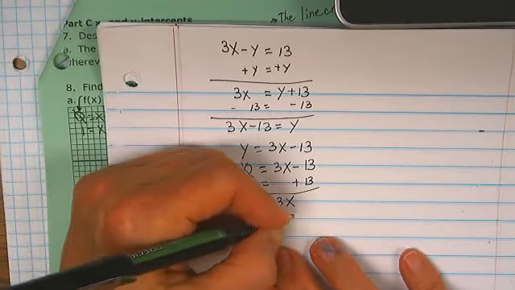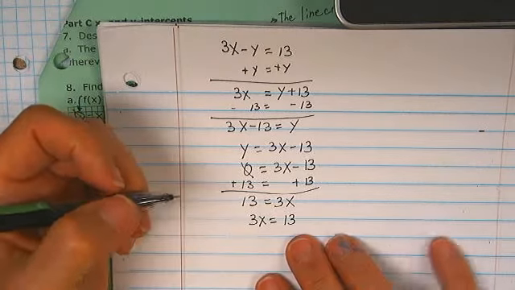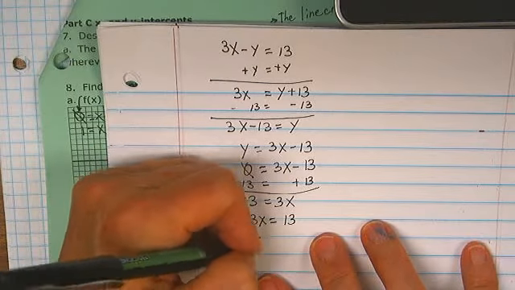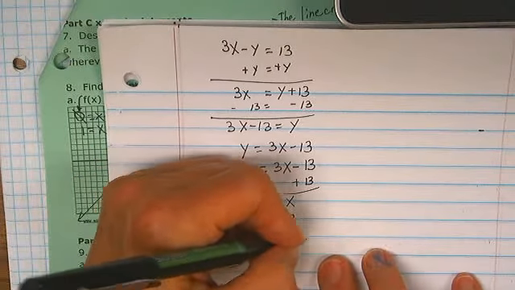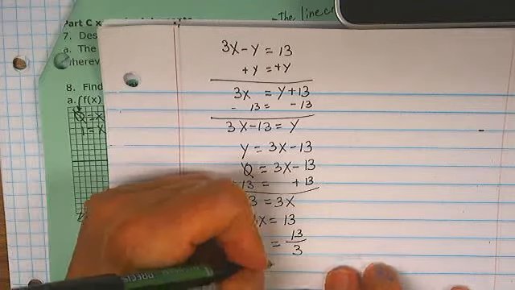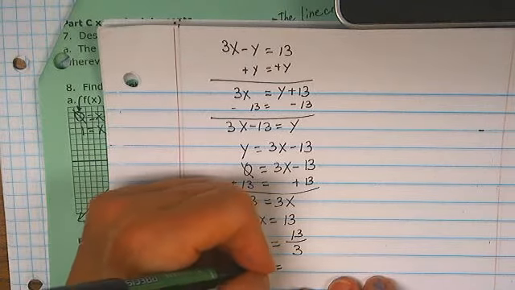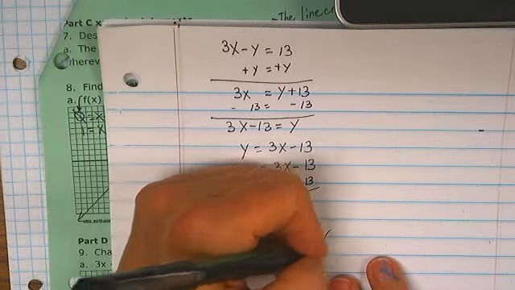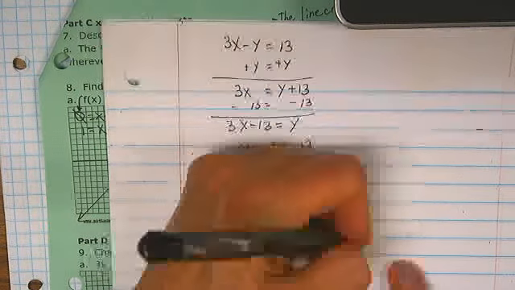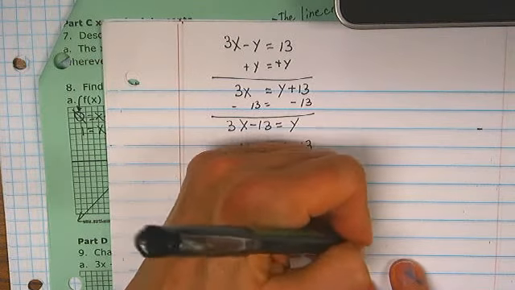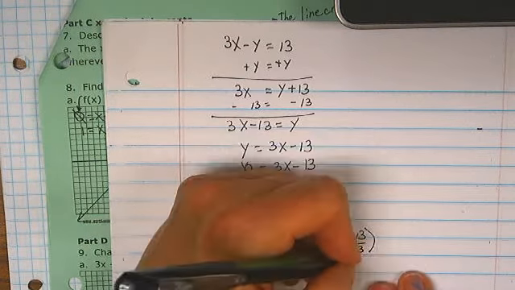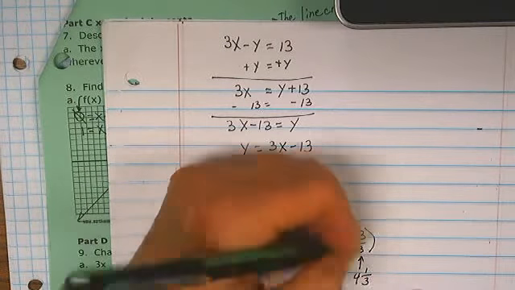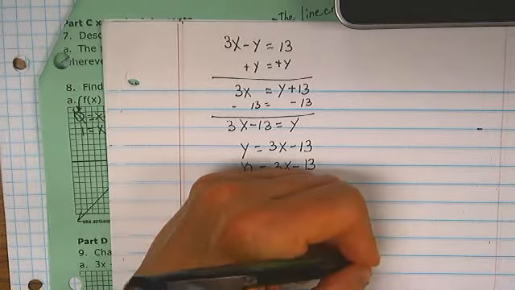Divide both sides by 3. X equals 13 divided by 3 whenever y equals 0. So my other intercept is 0, 13 over 3, which is about the same as 4 1/3. 0, 4 1/3.